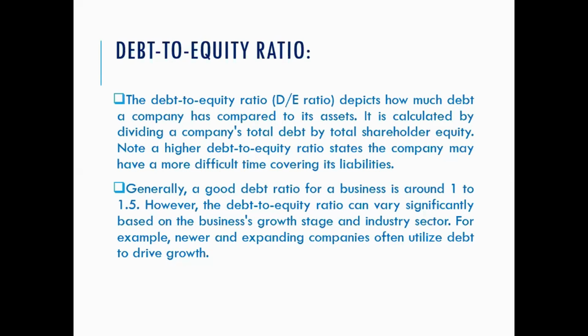Generally, a good debt ratio for a business is around 1 to 1.5. However, debt to equity ratio can vary significantly based on the business growth stage or industry sector. For example, newer or expanding companies often utilize debt to drive growth.